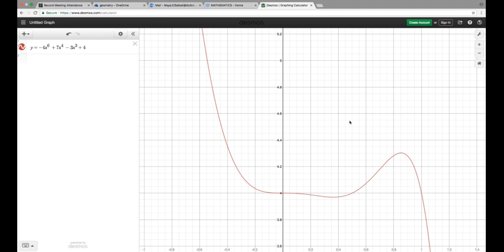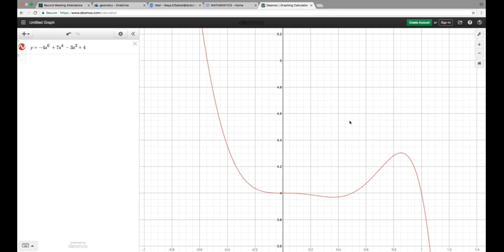So I'm going to zoom in here a little bit. I'm not going to call this a turning point, because it looks like, at least to me, it's flat. However, if you see this one right here, this is a turning point. Why?